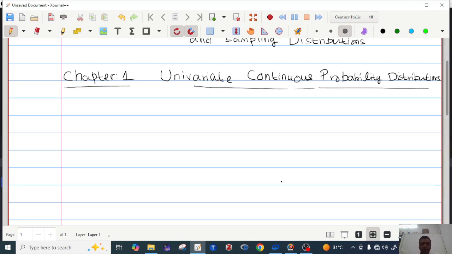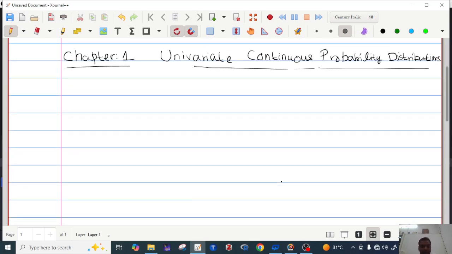Students, in the earlier classes, we have learned about univariate discrete probability distributions. Whatever concepts we have learned regarding the discrete probability distributions, the same concepts we will continue for the continuous probability distribution.